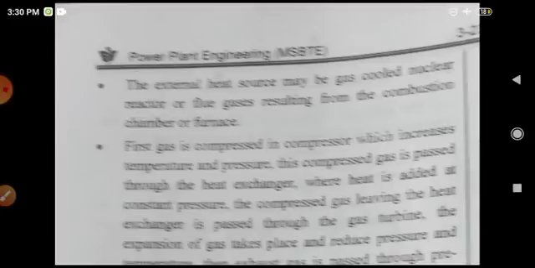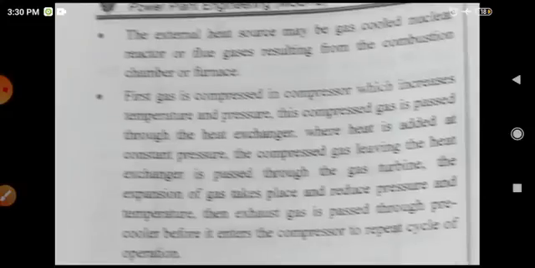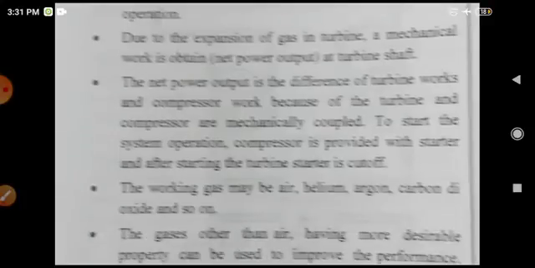First gas is compressed in the compressor, which increases the temperature and pressure. This compressed gas is passed through the heat exchanger, where heat is added at constant pressure, and the compressed gas leaving the heat exchanger is passed through the gas turbine. The expansion of gas takes place and reduces pressure and temperature. Then exhaust gas is passed through the pre-cooler before it enters the compressor to repeat the cycle of operation.